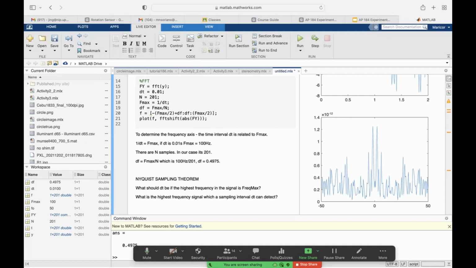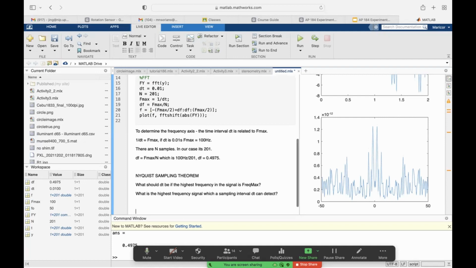Okay. And ang sagot is this. Kapag alam natin yung sampling interval DT, alam natin na yung Fourier transform range ay F max of FFT is 1 over dt. Diba? Ginawa natin yan kanina.